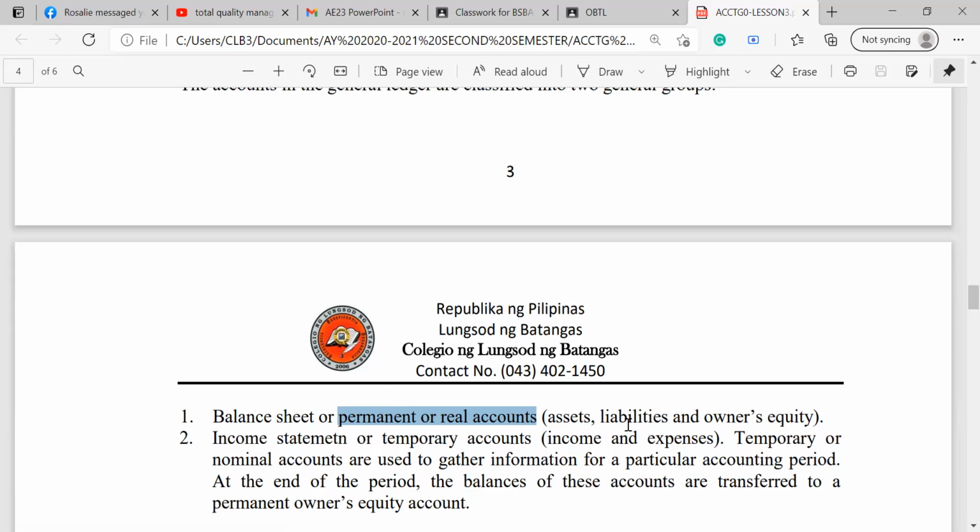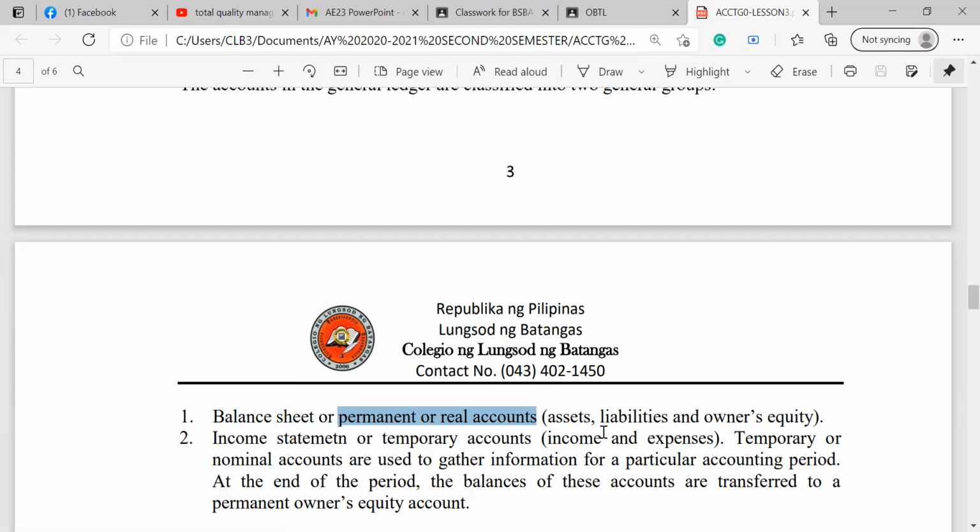So, halimbawa, yung income mo, income mo lang para sa isang taon ang pinag-uusapan. Halimbawa po, ang income mo sa 2019 ay 100,000. So, yung 100,000, pang 2019 lang yun. Pag nagsimula na yung 2020, panibagong period na yun.